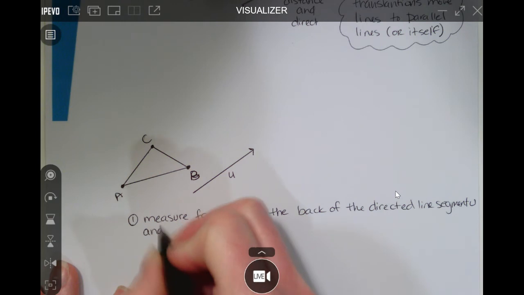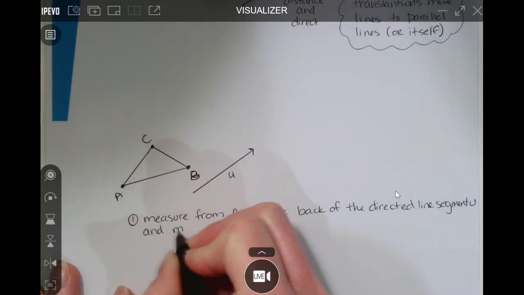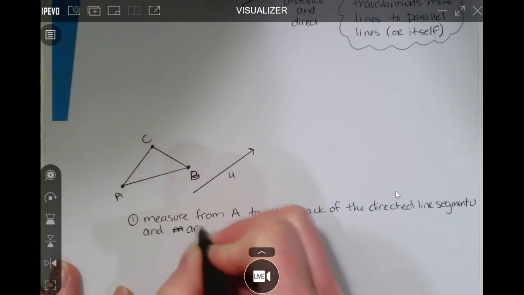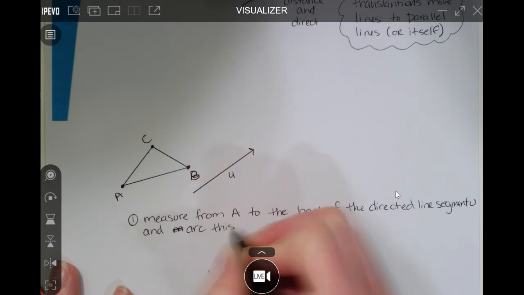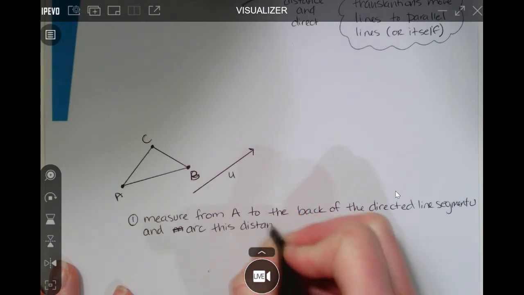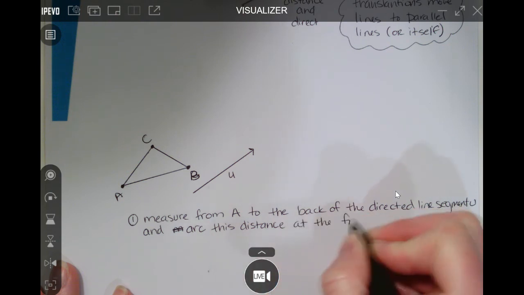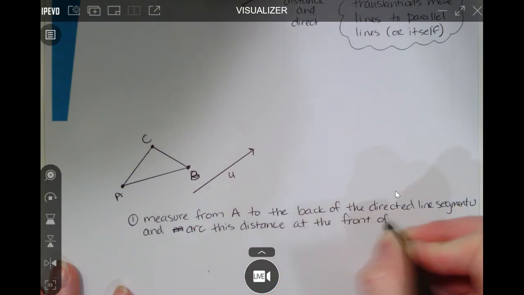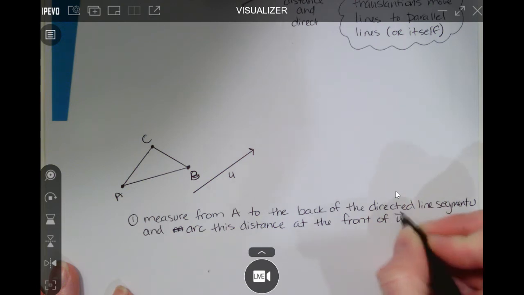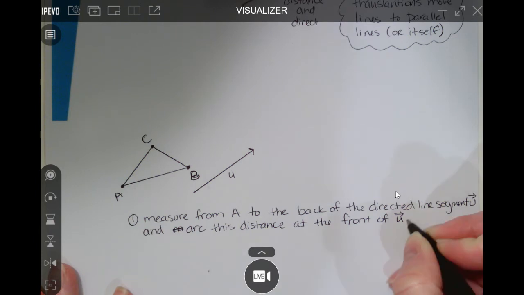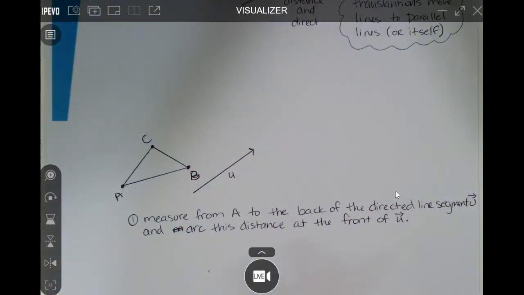And I'm going to say arc this distance at the front of the directed line segment U. So I'm going to just say in the front of U instead of writing directed line segment over and over again. So what does that look like to do that?